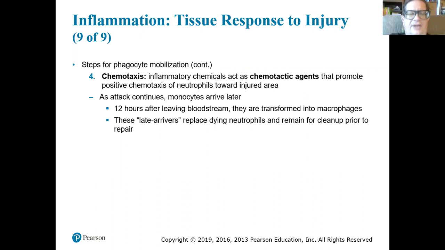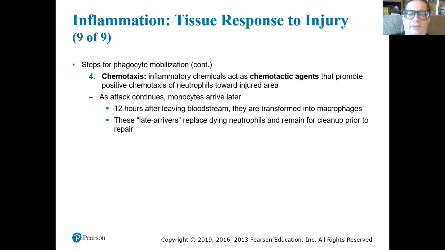Chemotaxis. Taxis means movement in a direction, and chemo is what they're following. They're following chemicals. Basically, they're sniffing their way towards the injured area. So neutrophils are going to get there first, which makes sense because they're the most common.